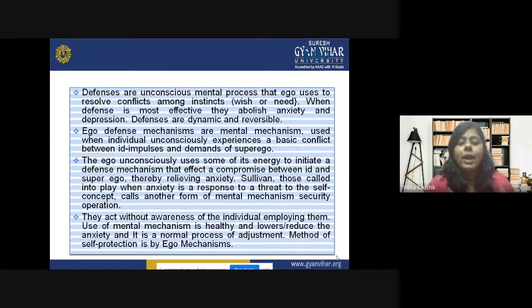Use of mental mechanisms is healthy and reduces anxiety. It is a normal process of adjustment, a method of self-protection by ego mechanisms.